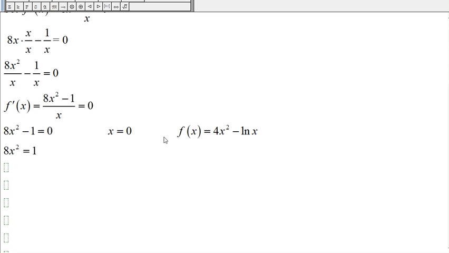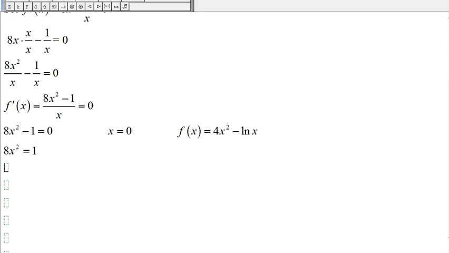If we put a 0 right here, then the natural log of 0 is undefined. And natural log of a negative number is also undefined. So natural log is only defined when x is greater than 0. So that's why we can throw this one out.